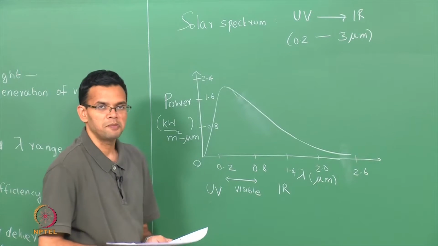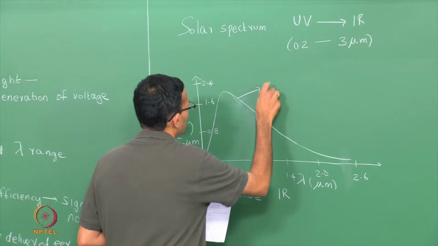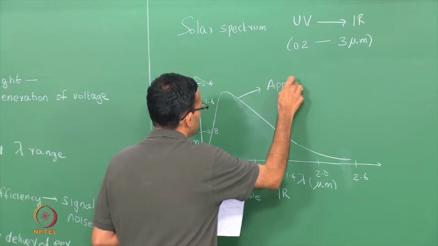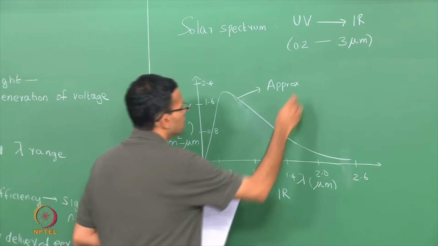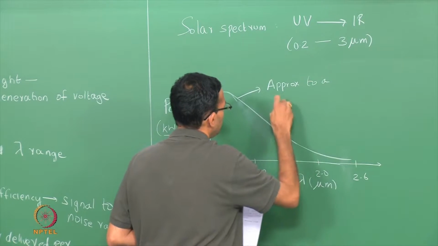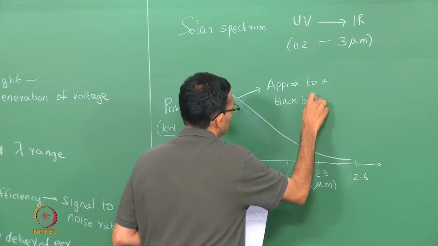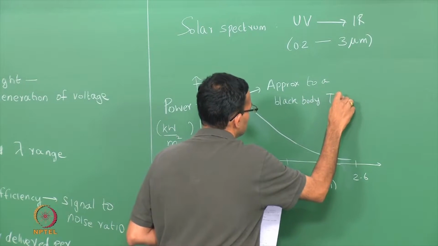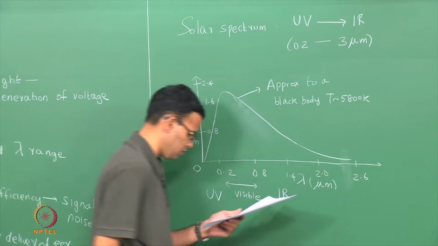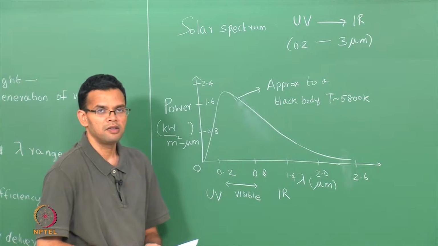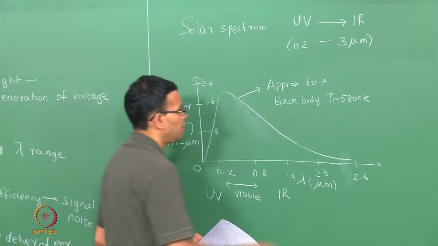So, this sort of spectrum can be approximated to a black body whose temperature is around 6000 Kelvin. The area under the curve gives the total intensity of the incoming solar radiation.